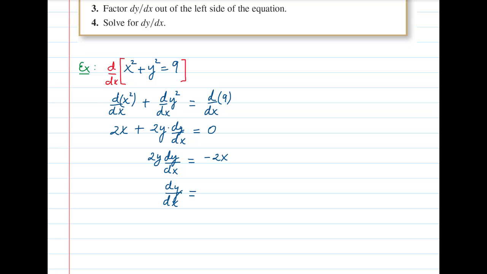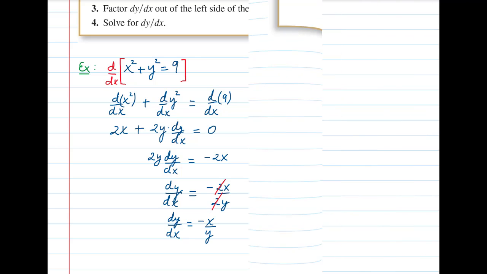And we have dy/dx, moving the 2y to the other side, we're going to have negative 2x divided by 2y. And then, of course, the 2's are going to cancel out. And we end up with our derivative, dy/dx. So the derivative of y with respect to x is equal to negative x over y.